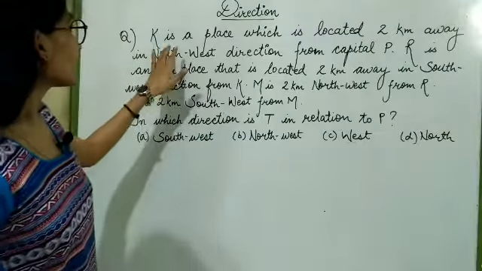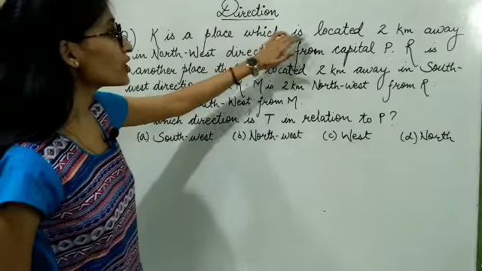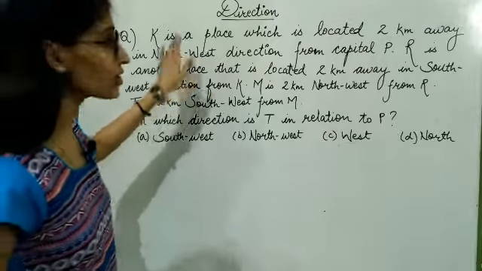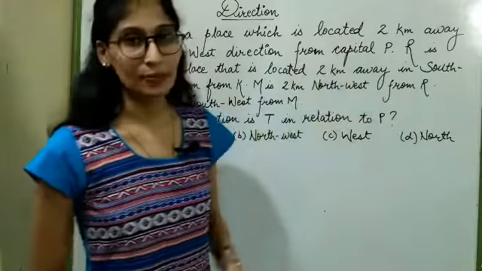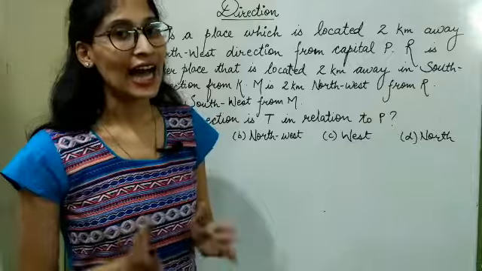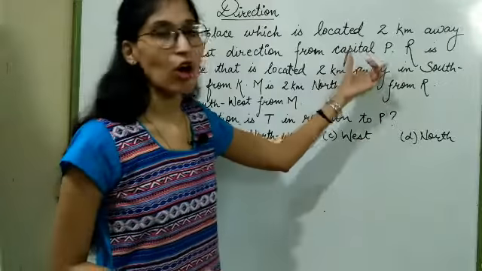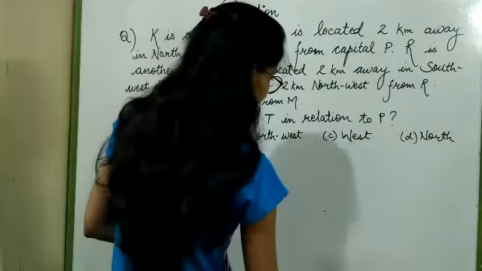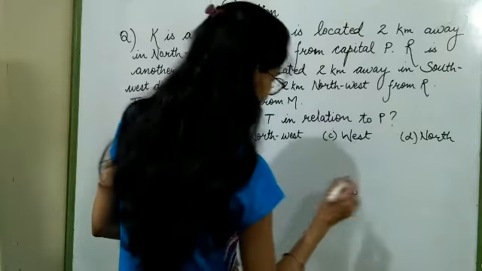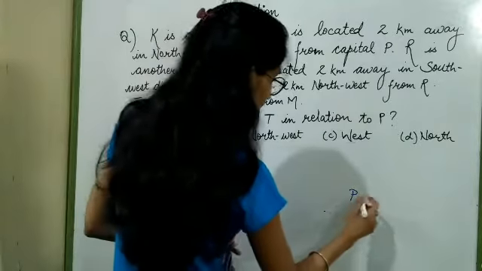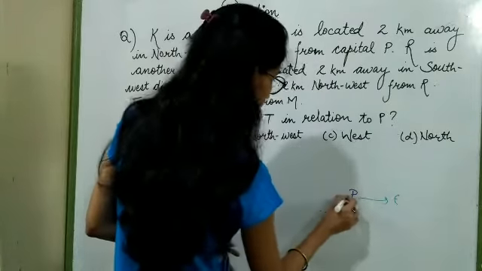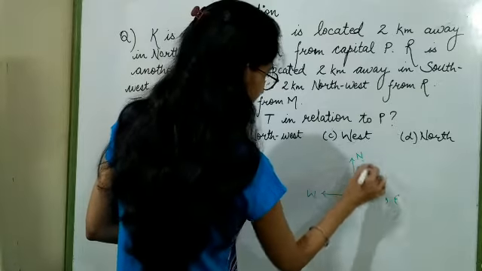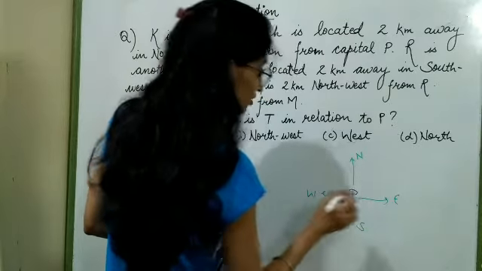The statement is, K is a place which is located 2 km away in northwest direction from capital P. So first I have to locate the position of capital P. Let's say this is my position of capital P. Directions will be east, west, north, south.